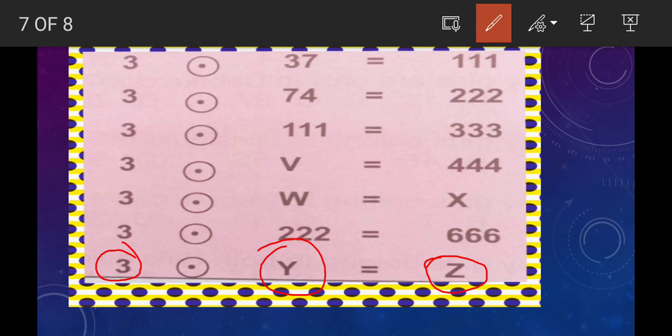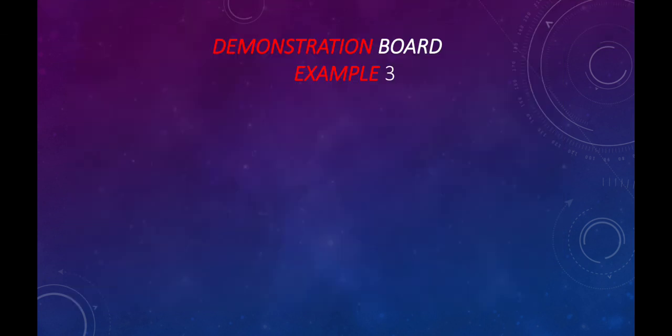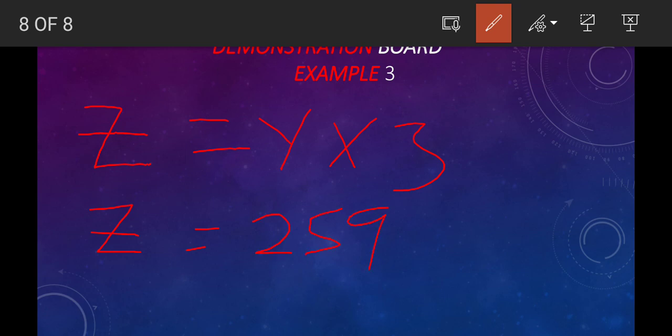So proceeding straight to the board, our Z is equal to Y times 3. Z is equal to, and my value of Y is 259, 259 times 3. So Z is equal to 777. I guess that is clear.